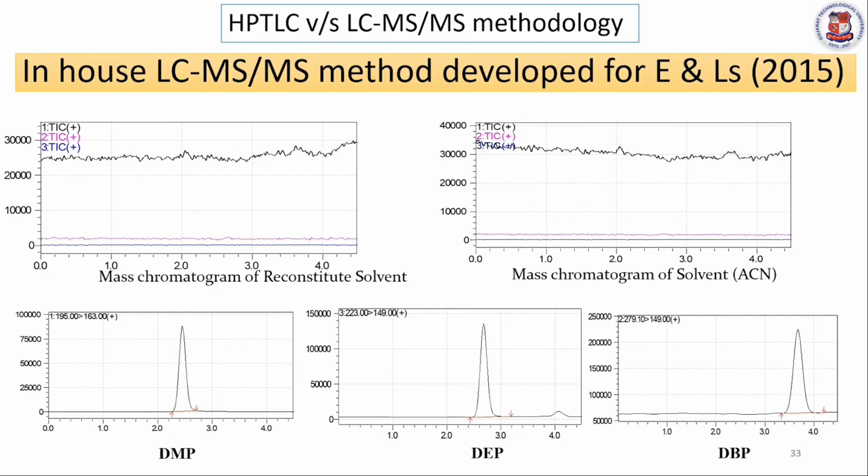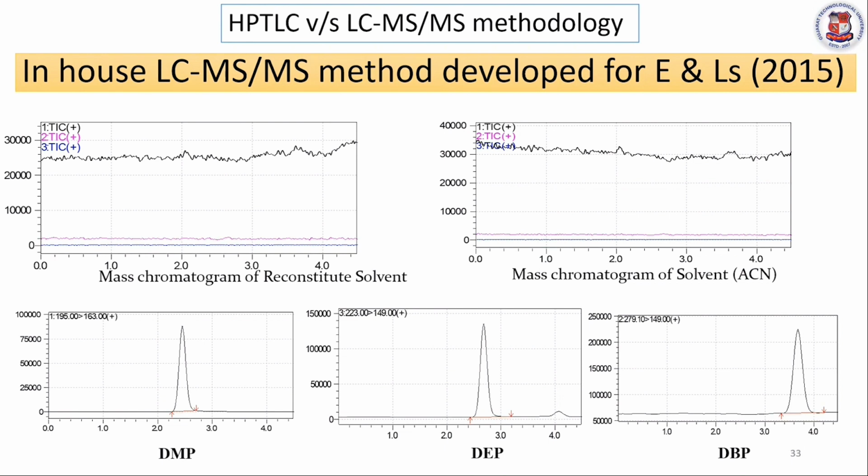So it makes lots of things in our mind about how HPTLC was used to discover all of these. But previously, before we started HPTLC, we had also used the popular technique in 2015, LCMS-MS. So this is an in-house developed LCMS-MS method for extractables and leachables.